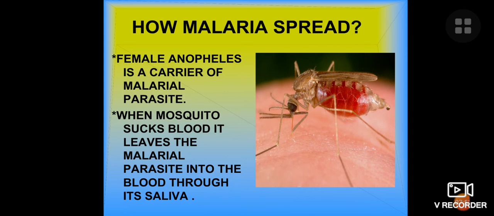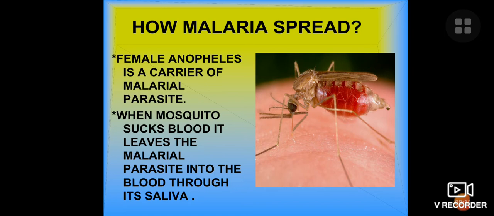Earlier I showed you 4 varieties: Culex, Anopheles, Aedes, Chikungunya mosquito. Among them one was the Anopheles. But out of the Anopheles, the female one, we are not talking about the male one. So only the female Anopheles mosquito is carrying the malarial parasite.